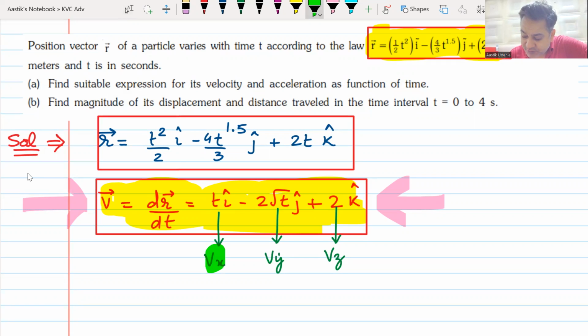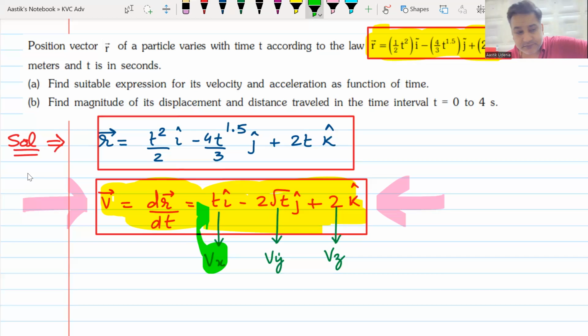Looking at the x component of velocity. This is the x component of velocity. Is it uniform or is it non-uniform? X component is uniform, Karthik? How did you get uniform?